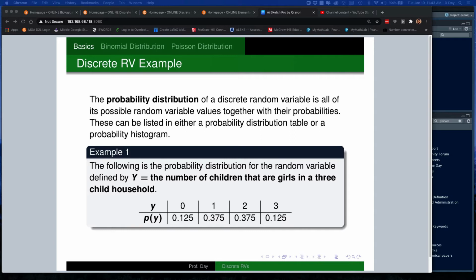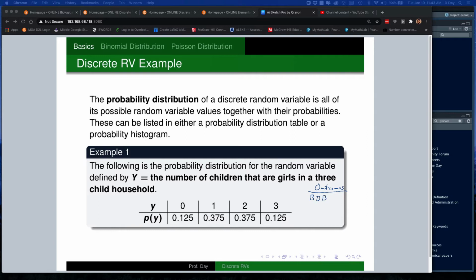So that being said, how did I get these values? Well, if I just enumerate a list of possible outcomes for these situations, and I think, okay, if I have 3 kids and each one can either be a boy or a girl, I have the following outcomes that I could list. I could have boy, boy, boy.